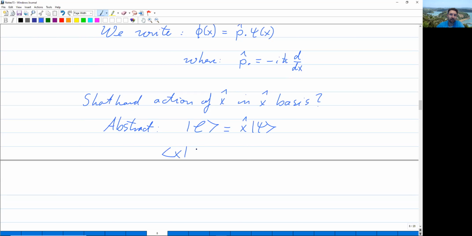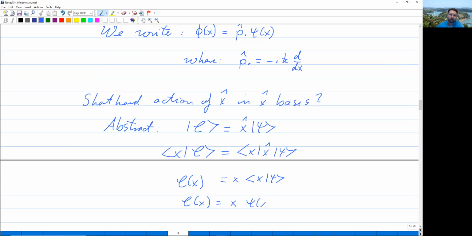So we have x phi equal to x hat psi. And therefore we have phi of x is equal to, and now this x hat acting on the x to the left, remember it's self-adjoint, so it acts equally to the right and to the left. So this just pulls out the eigenvalue. So we get x psi. So we have phi of x equal to x psi of x.